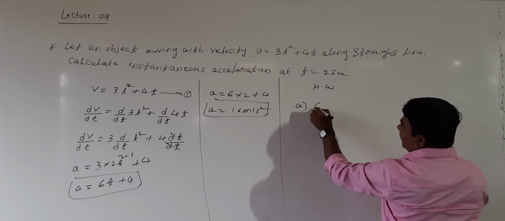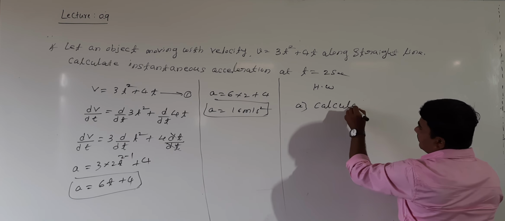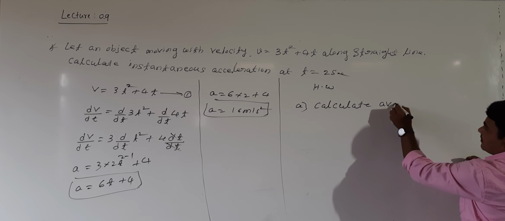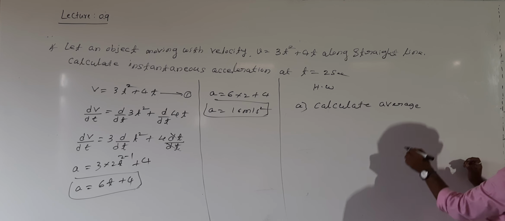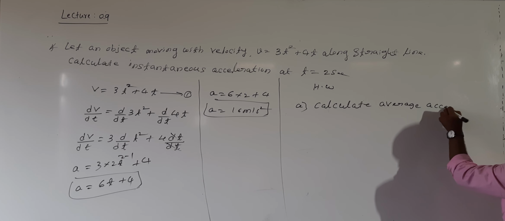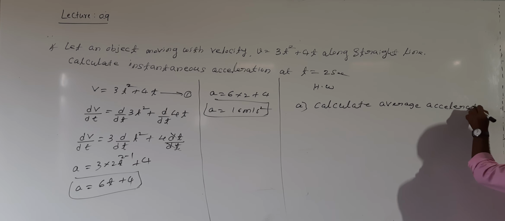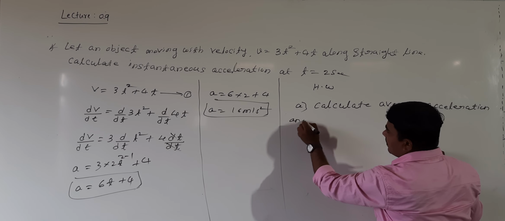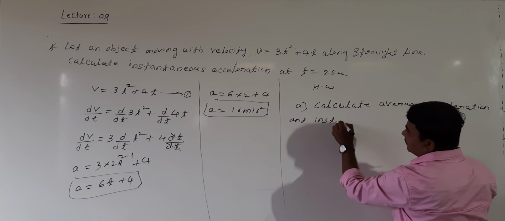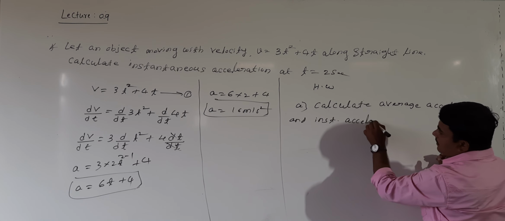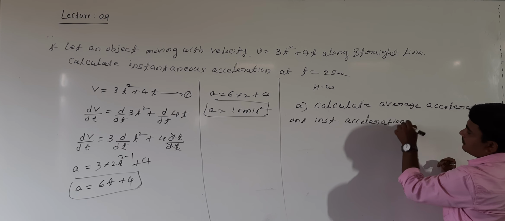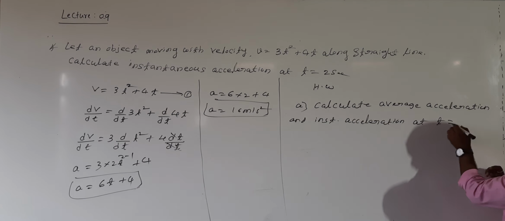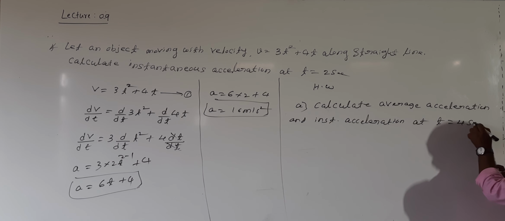Option A: calculate average acceleration and instantaneous acceleration at t equal to 4 seconds.